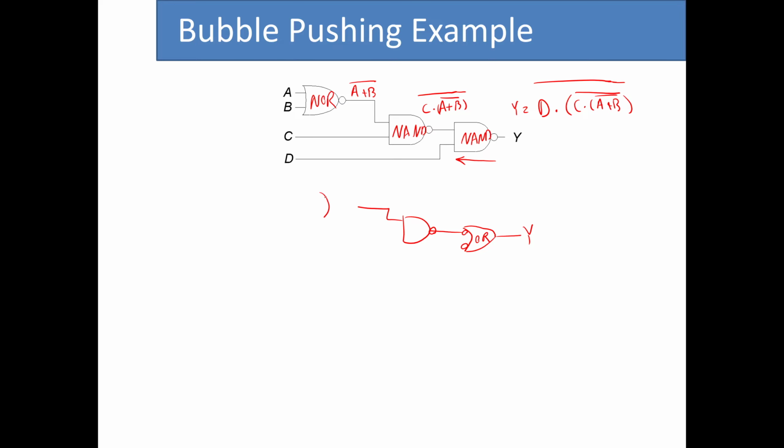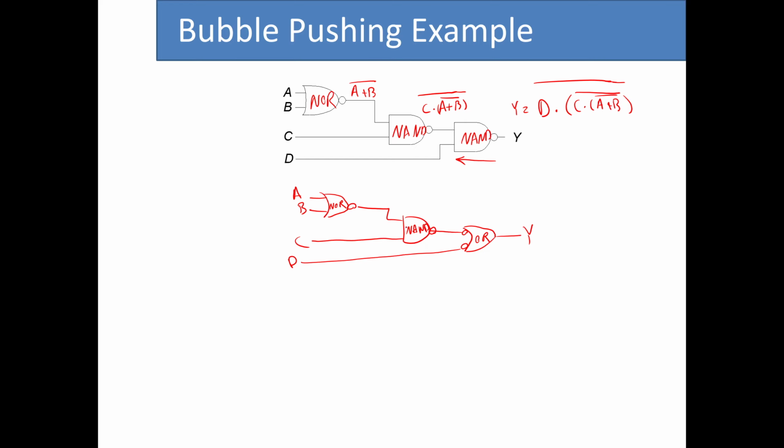This NOR gate, we still have it. And then here we have C, and here we have D. So this is A, this is B, and this is the NOR gate. This is the NAND gate.